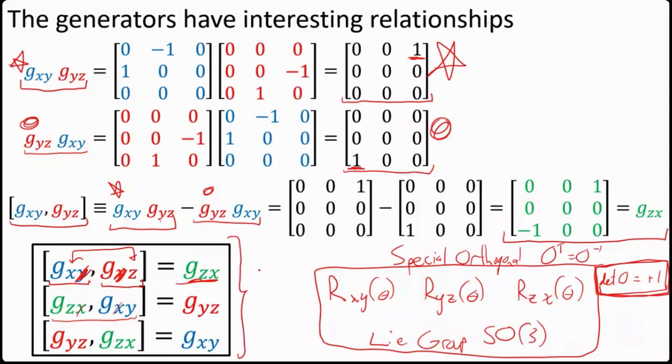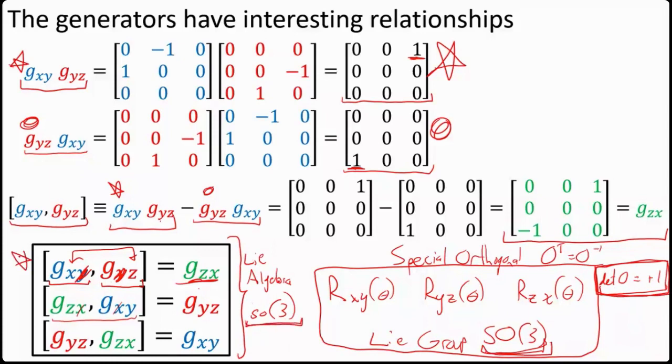And then these generators that generate the Lie group are called the Lie algebra, and it's lowercase so3. So anytime we have a Lie group that's a continuous matrix group, there's going to be a set of matrices that exponentiate to it, and those are the Lie algebra.